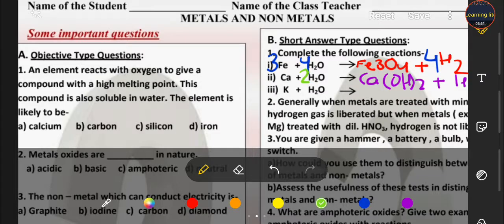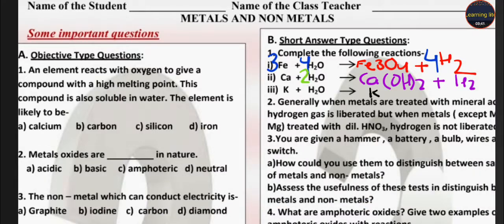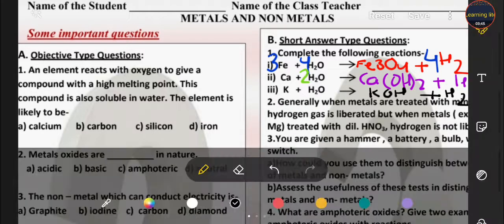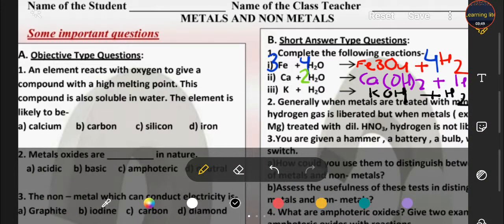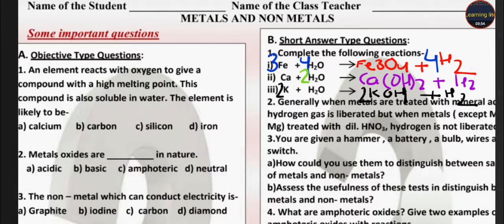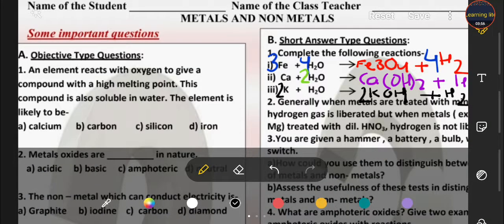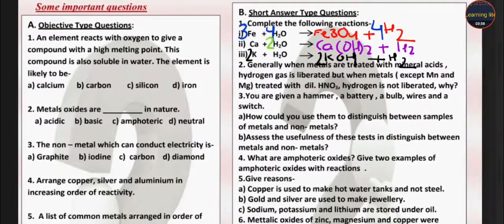Next, when potassium reacts with the water, we get potassium hydroxide, that is KOH plus hydrogen gas. Student, hydrogen is liberated in every case, because we studied that the metal reacts with the water, liberating hydrogen gas. Okay, you can now balance it. Got it? Now move to our second question.